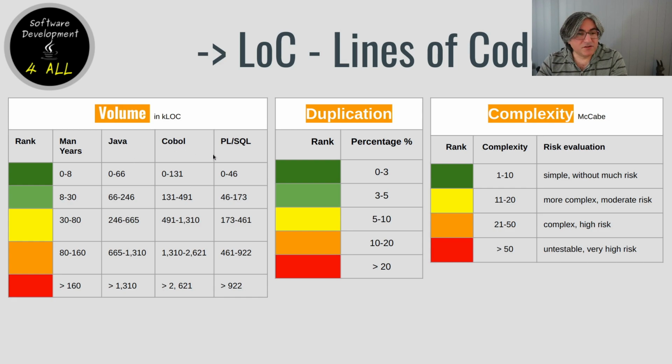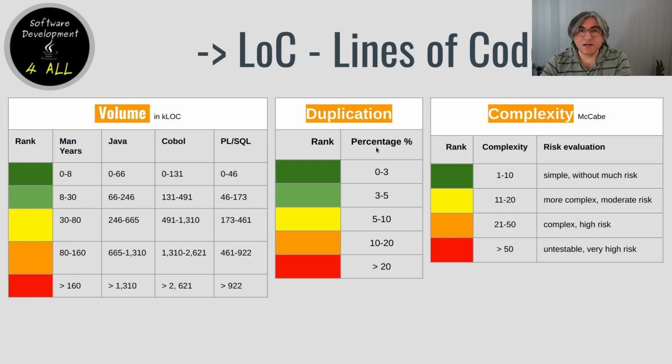So Java versus COBOL versus PL/SQL. The number of years corresponding with the number of kilo lines of code are just different, and you have to know which one is which for the language you are using. So these are explained like this, and the ranking, I'll come to that later.